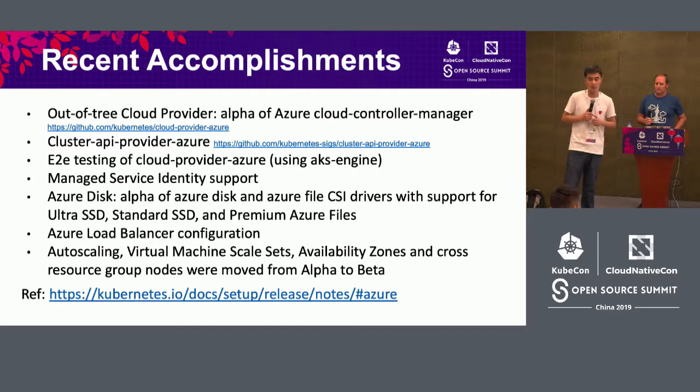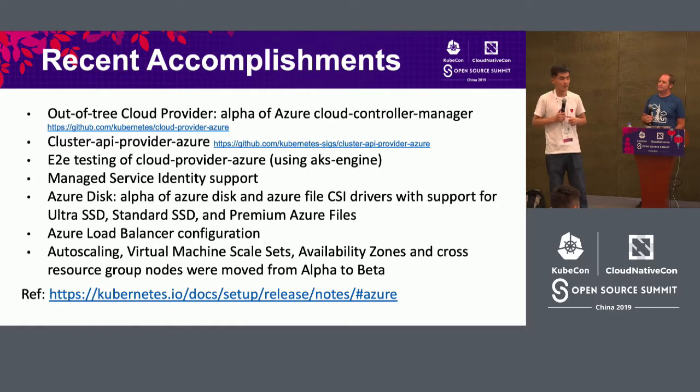But many customers may have specific use cases to change the behavior of this Azure Load Balancer. So we support a couple of annotations. For example, you can choose that your load balancer is only internal. Maybe you can use a public IP that you already created in the same resource group, or maybe in another resource group.